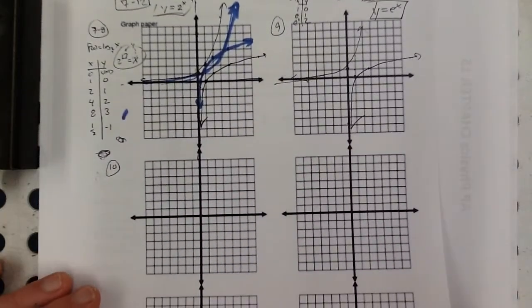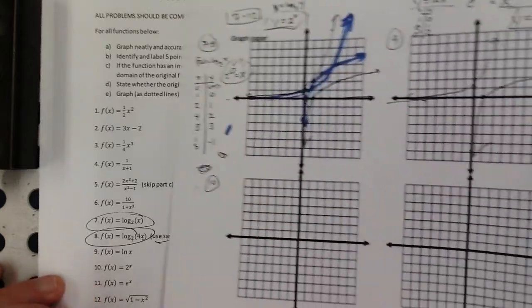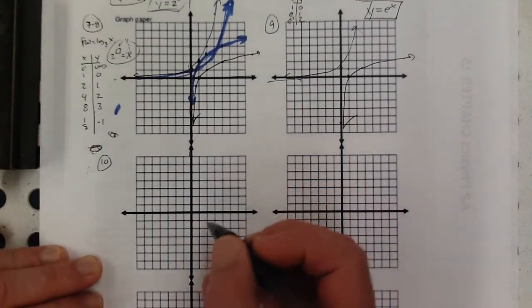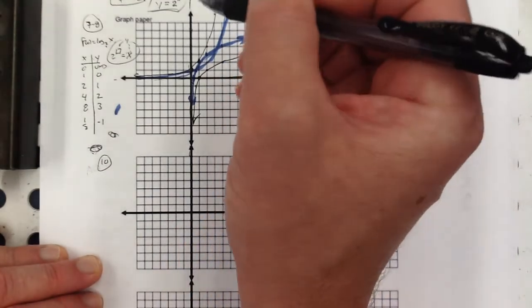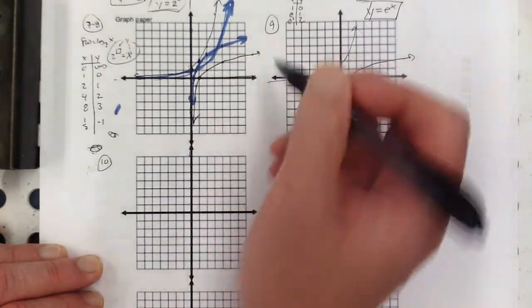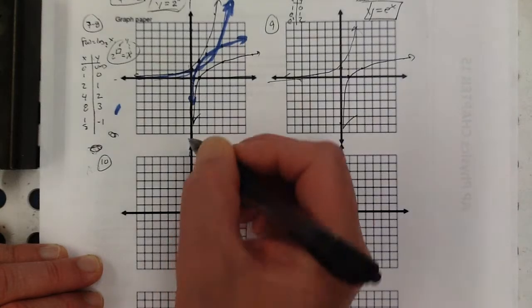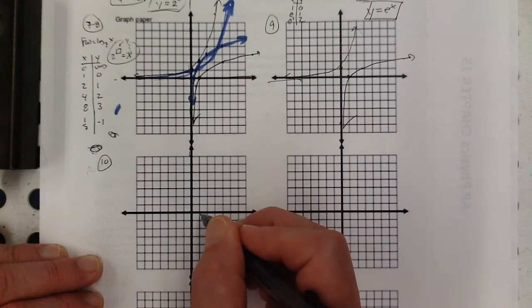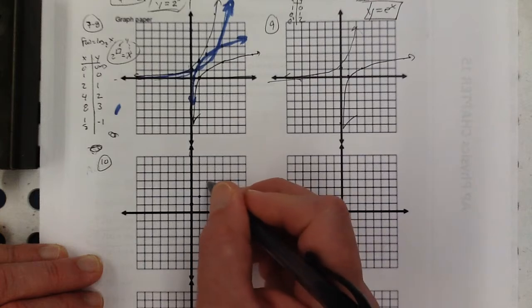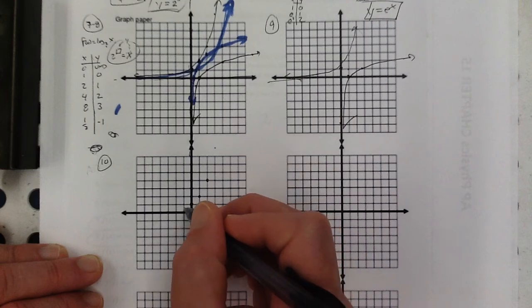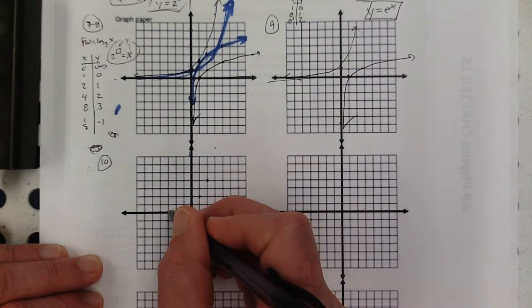2 to the x. We did that already, and we did e to the x. So 10 and 11, I'm going to blow through these pretty quick. So 2 to the x is graphed on here because it's the inverse of log base 2 of x. So what does 2 to the x look like? If you plug in 0, you get 1. If you plug in 1, you get 2. If you plug in 2, you get 4. And if you plug in 3, you get 8, because we're raising 2 to all those powers. 2 to the negative 1 is a half, then a quarter, then an eighth.